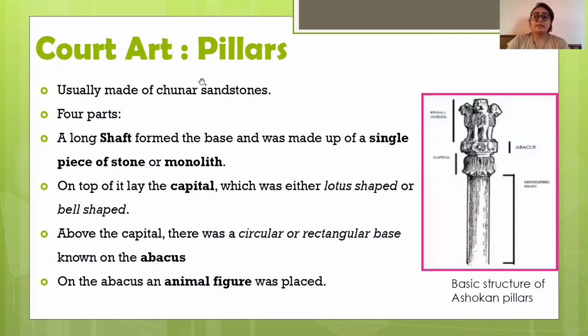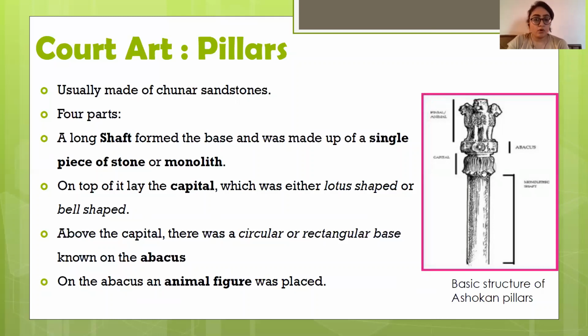Then the next one, pillars. These pillars were usually made of Chunar sandstone, and they had 4 parts. Which are the 4 parts? First was a long shaft, which you can see in the picture. Then upon the shaft, you have the capital, which was either lotus shaped or bell shaped.